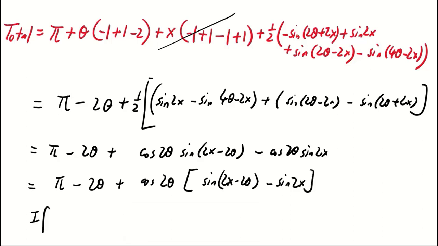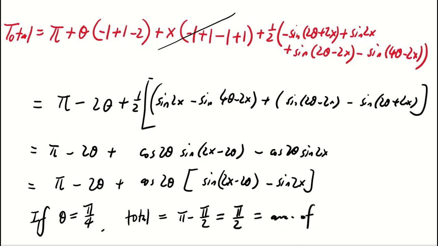Now, if theta equals pi over 4, then the total area will equal pi minus pi over 2. And the last term will equal 0 because cosine pi over 2 is equal to 0. And this will equal pi over 2, and it is equal to the area of half of the circle.